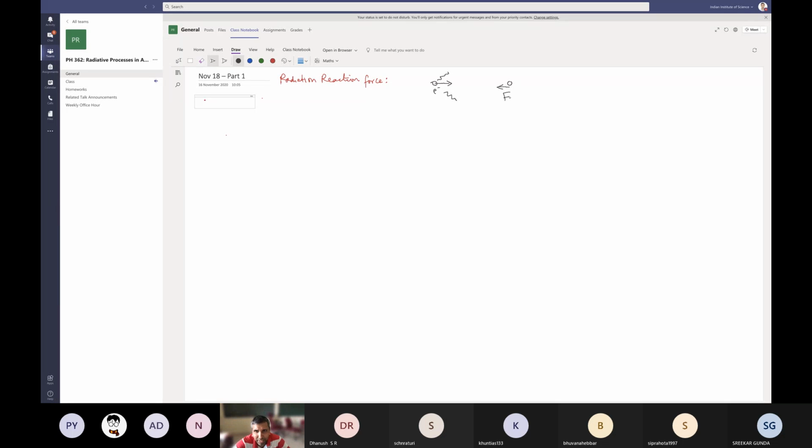So there must be some radiation force that stops the motion of this particle, and hence whatever energy goes into this radiation must come from the kinetic energy of this particle. Okay, so we want to actually motivate what is the form of this radiation force.